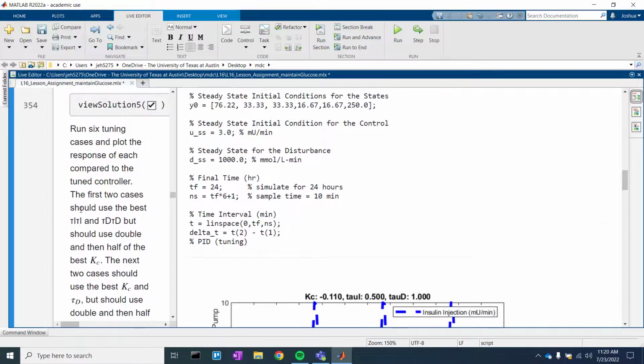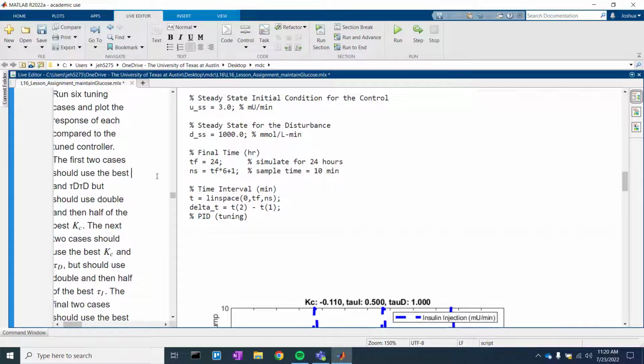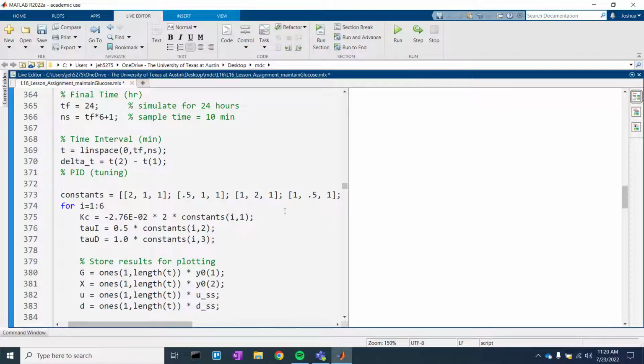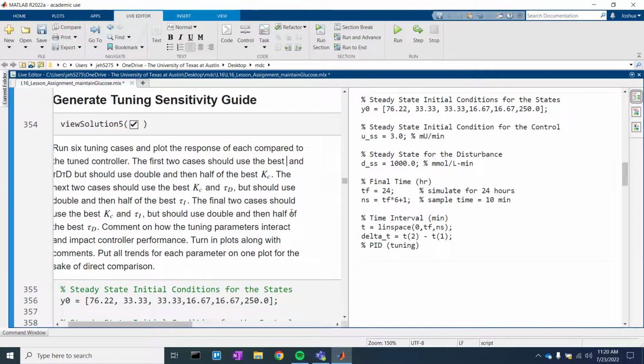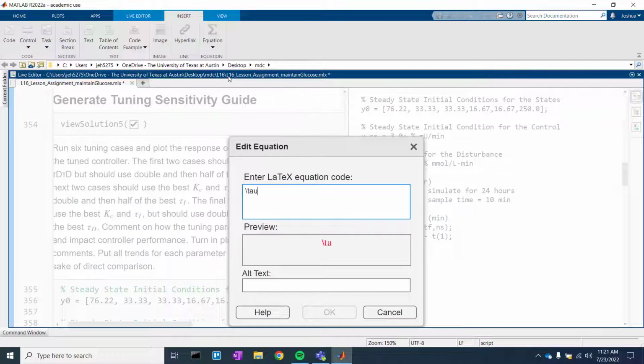I noticed right here, I'm going to fix this while it's running. The tau I and the tau D are formatted wrong. So we'll just do \tau_I.